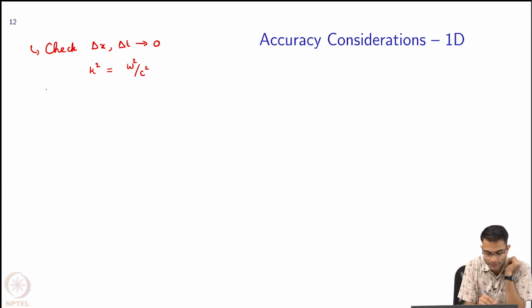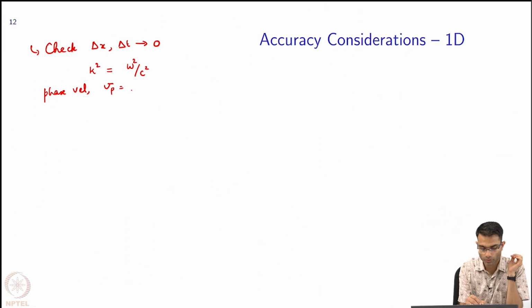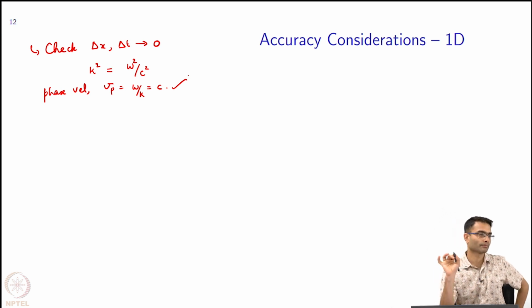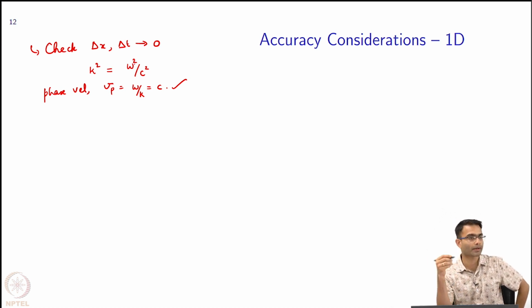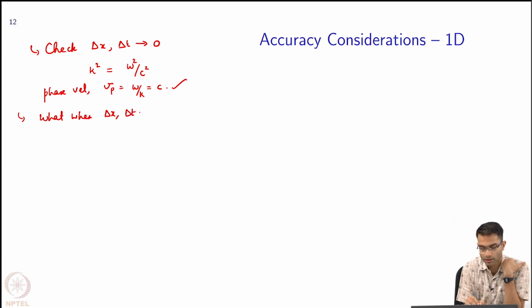And our phase velocity, v phase, what was the phase velocity we had derived? Omega by k, right. So, omega by k is equal to c. In the limit everything is well behaved, because this is giving me the ratio omega by k equal to c, right. So, life is good, this is what we expect. Now, the question is, what happens when delta x and delta t are finite?